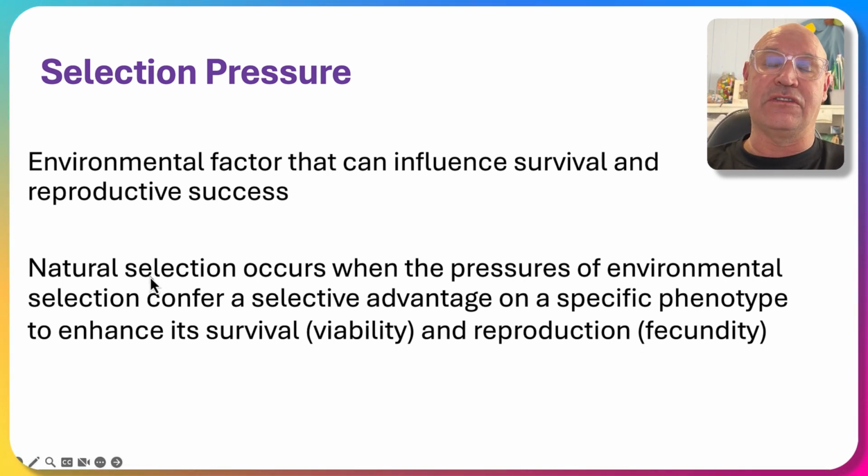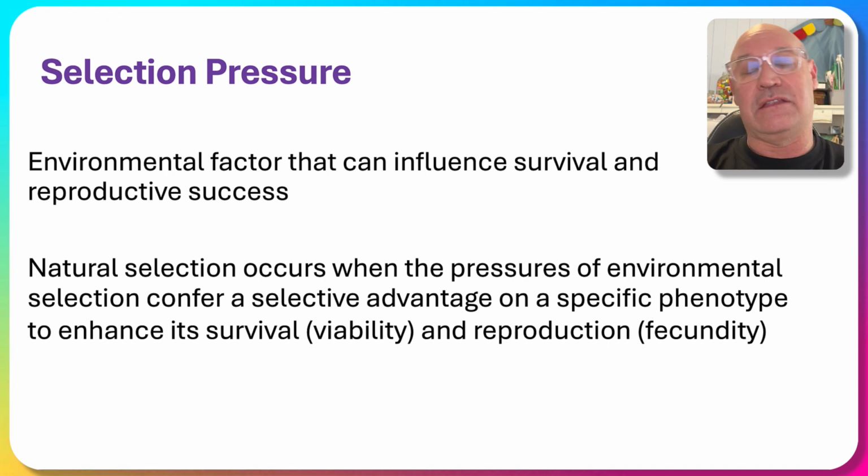So natural selection is the mechanism we're talking about. It occurs when there's environmental pressures. So environmental factors that provide an advantage, a reproductive and a survival advantage to a specific phenotype.